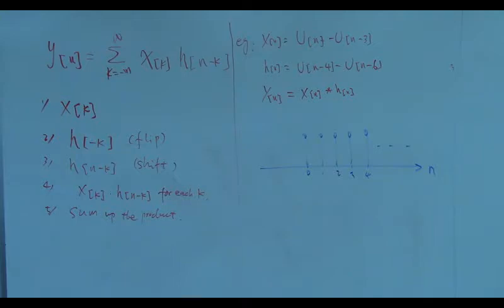So you already know that much. For n equals 4, that will be y[4], right? Equals 1 times 1. There's only one value. When n equals 5, this value equals 1 times 1 plus 1 times 1, equals 2.